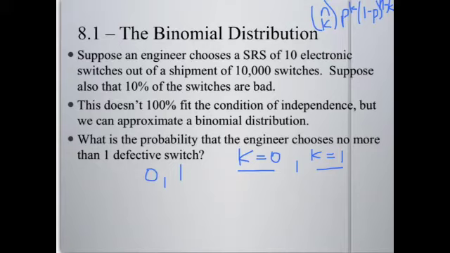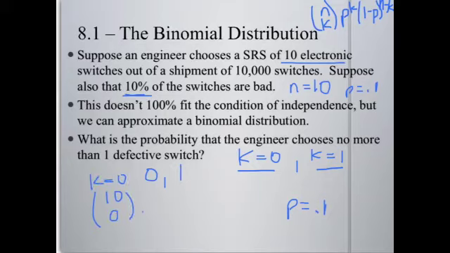N is the number of switches I have. So n is 10. P is the probability that the switches are bad. So P is 0.1. And K is right here in the question. What is the probability that an engineer chooses no more than one defective switch? So I'm just going to write in my formula. 10 is N. K is, for this first one, when K equals 0.